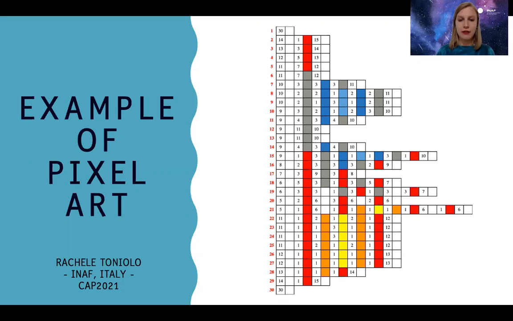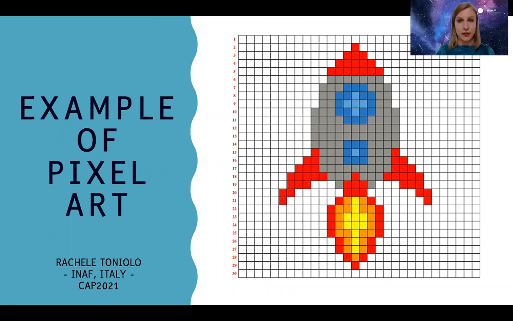So the second line, for example, specifies to leave 14 cells without any color, then one filled with red, and then again 15 empty. This is the image that is obtained by following the code shown before. As you can see, the picture is formed by different colored squares, the pixels.